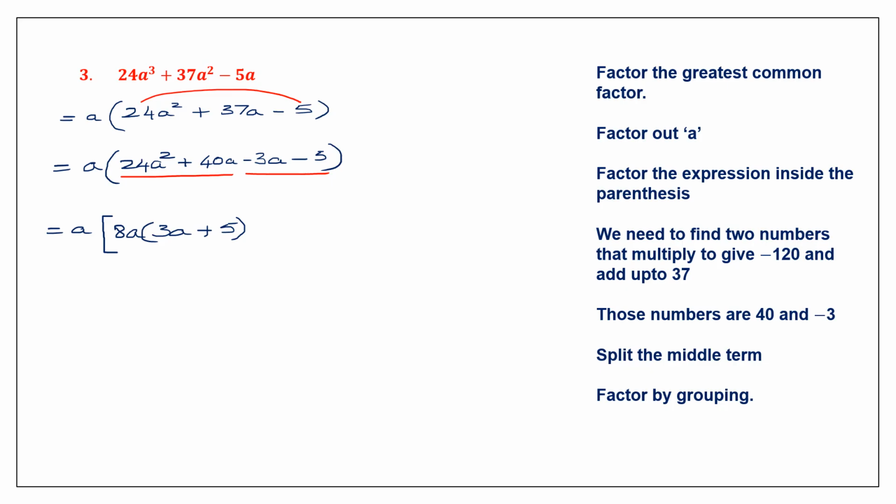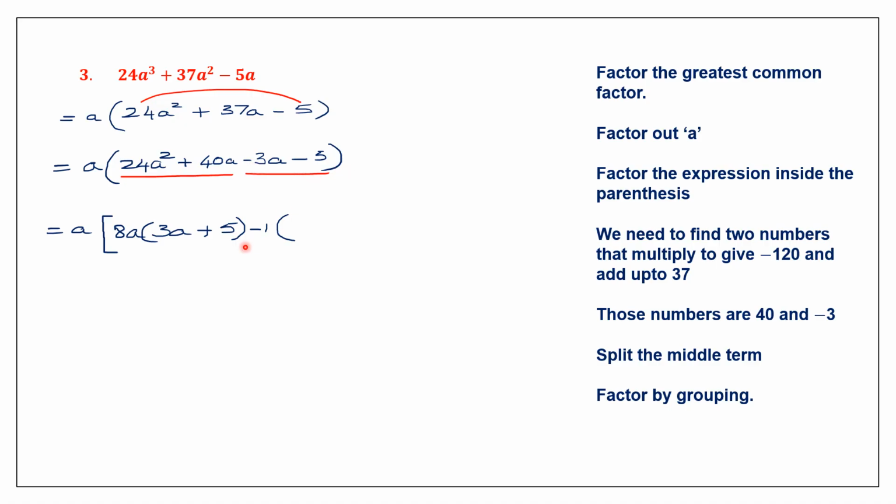Similarly, here we have negative 3a and negative 5. As you can see, nothing is common. When nothing is common and you still need to get a factor, you use 1, because when you multiply 1 into this, you will get back the same thing. But here you have a negative sign. So remember to write this as negative 1 and we'll put the remaining within brackets in such a way that we should get back this.